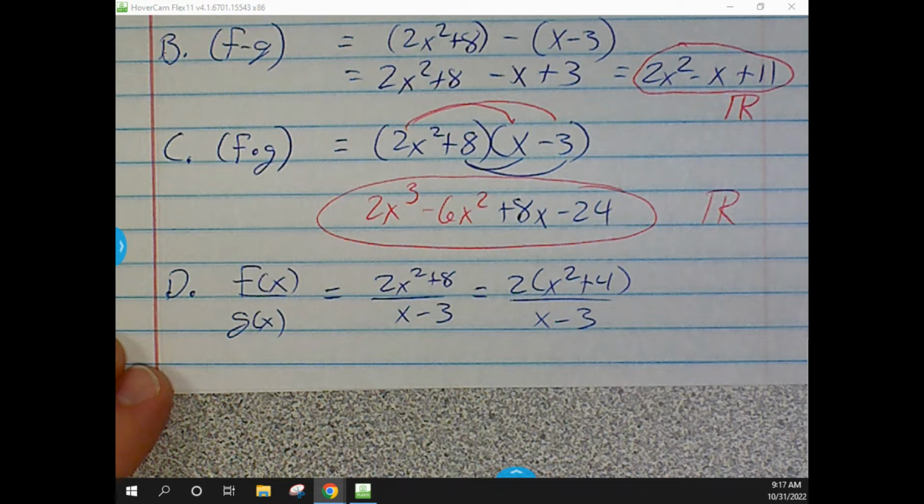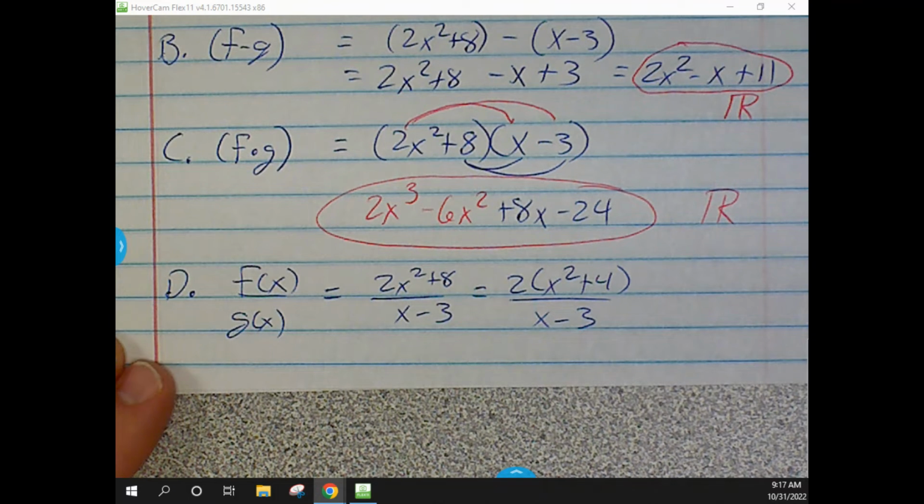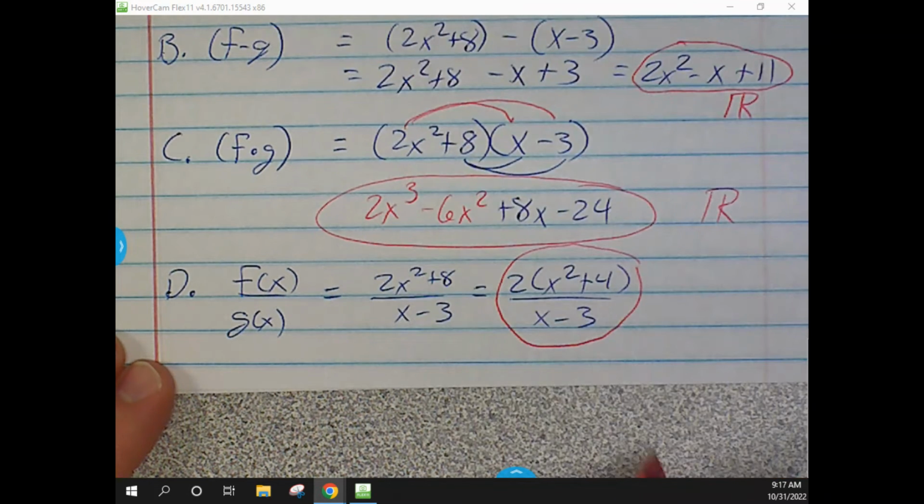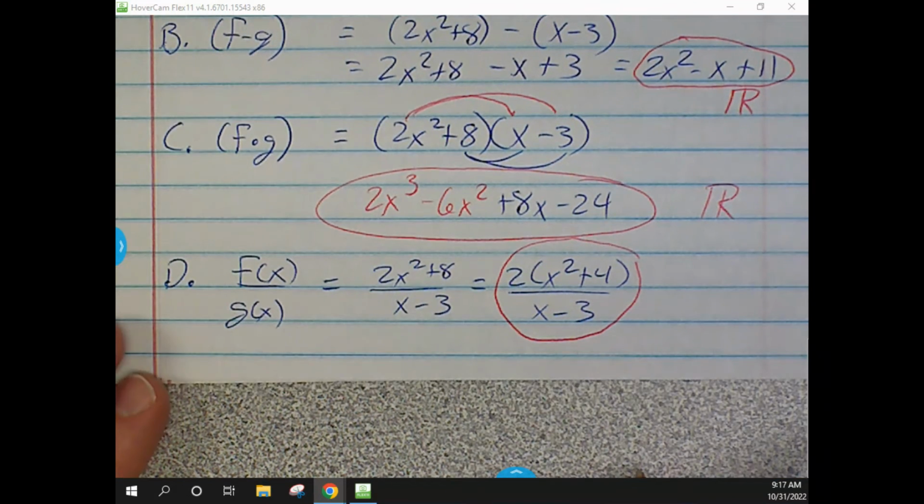And with that, nothing cancels. So that problem, that is your answer, because there's really nothing else you can do to it. That's the bad thing with division: a lot of times, if there's no cancellation, if there's no factoring that works, that's just your answer.